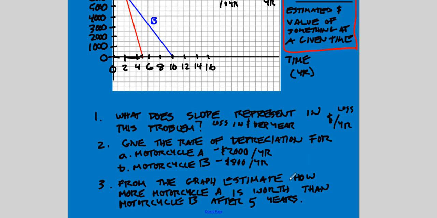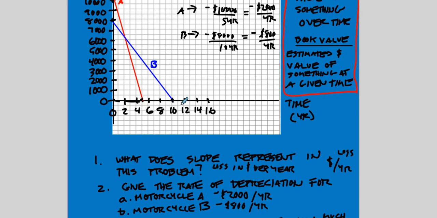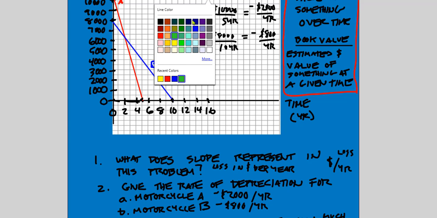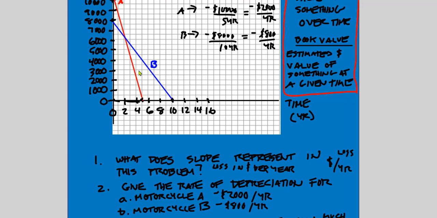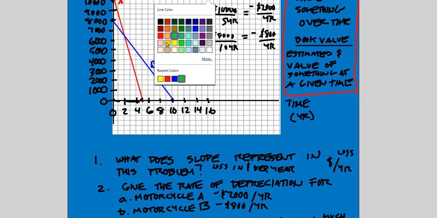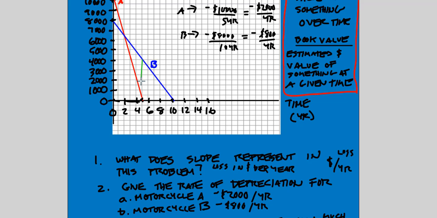So from the graph, estimate how much more motorcycle A is worth than motorcycle B after 5 years. Well, let's draw a vertical line here at 5 years.